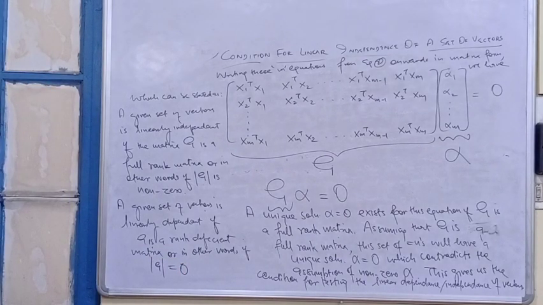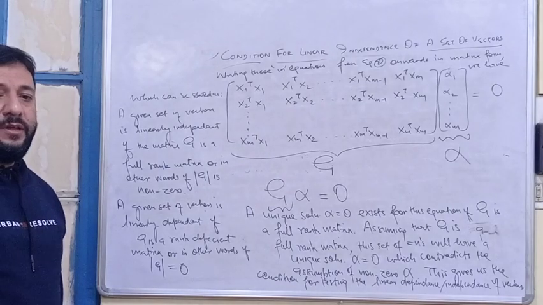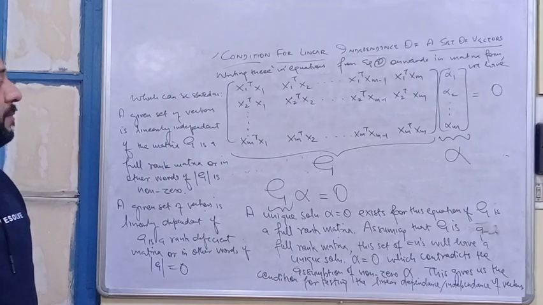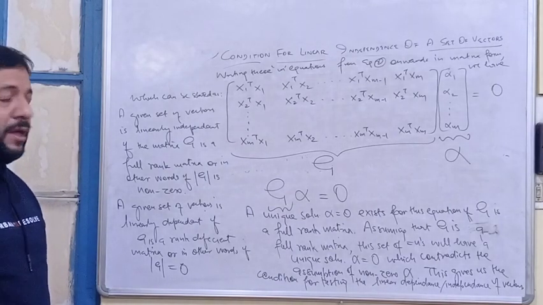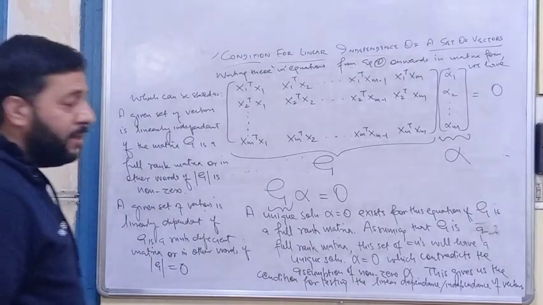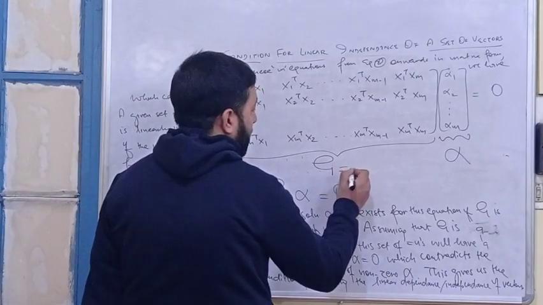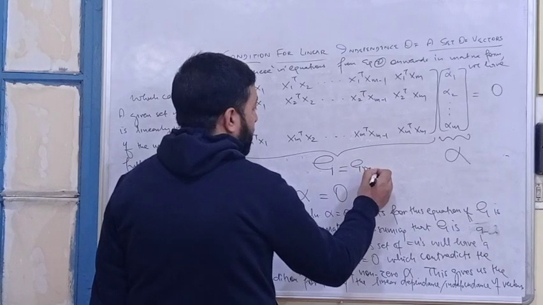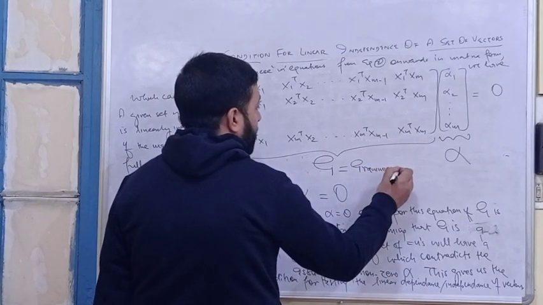समझ आया? तो किसी भी सेट ऑफ वेक्टर्स की लीनियर डिपेंडेंस या इंडिपेंडेंस चेक करने का ये इजी तरीका है. इसी मैट्रिक्स G को ग्रामियन मैट्रिक्स कहते हैं.